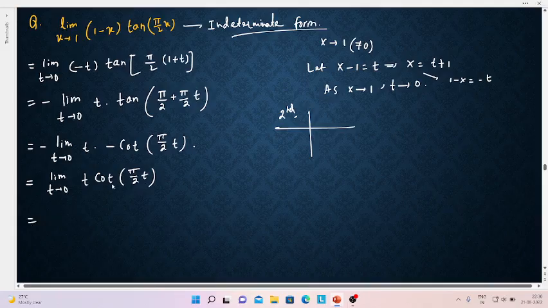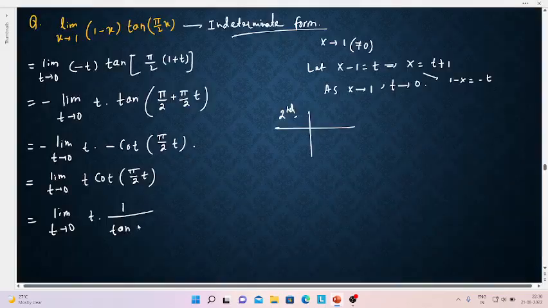But we don't have any kind of formula for the cot function basically, right? But we have a formula, which is limit t tends to 0, t times cot theta can be written as 1 over tan theta. So cot pi by 2t can be written as 1 over tan pi by 2 times t, right?